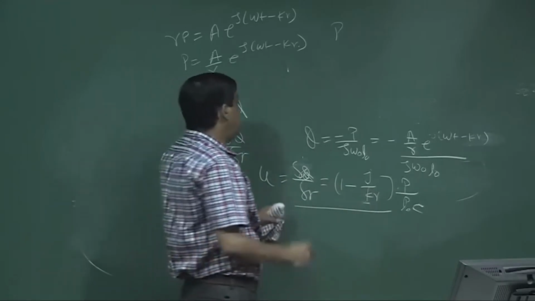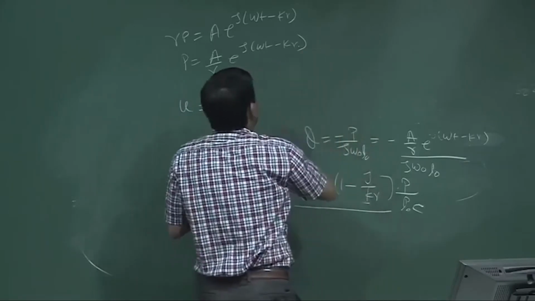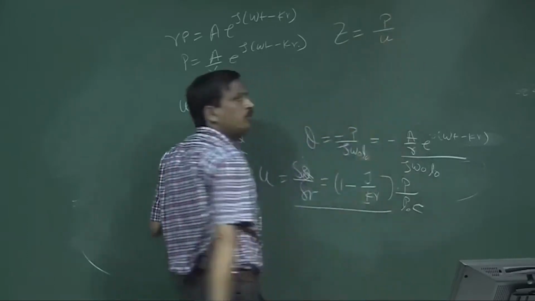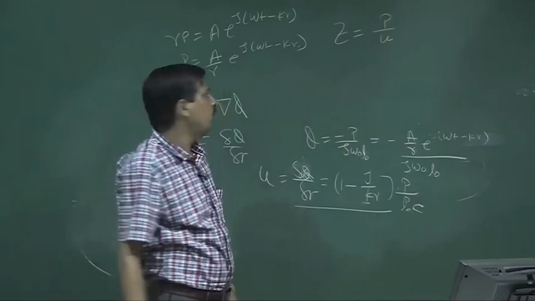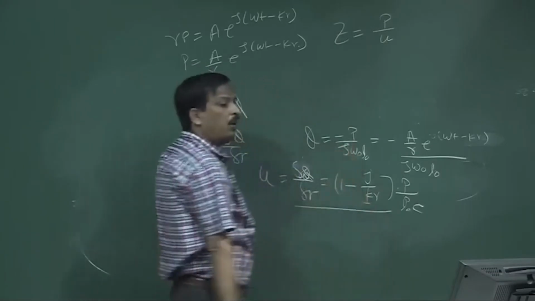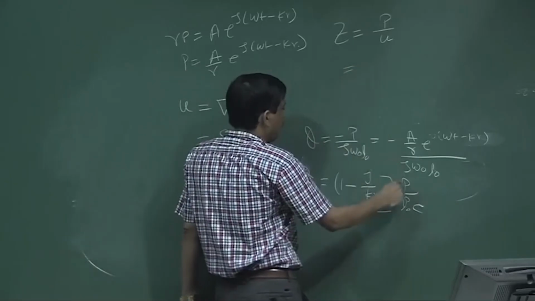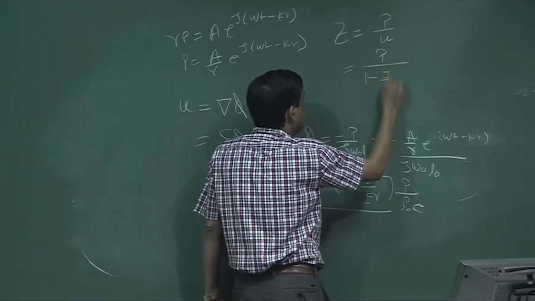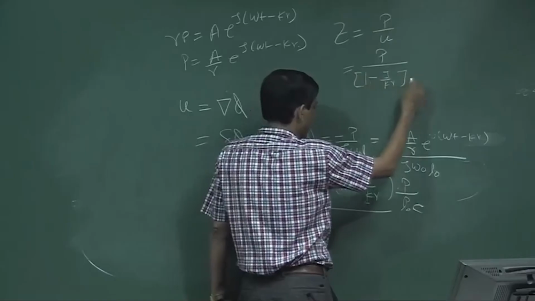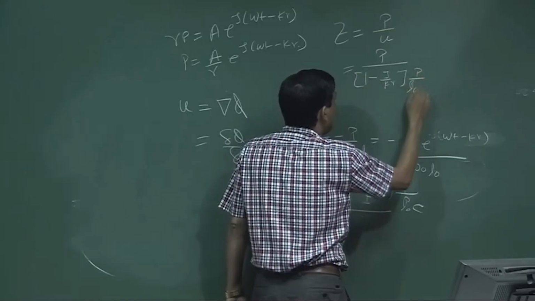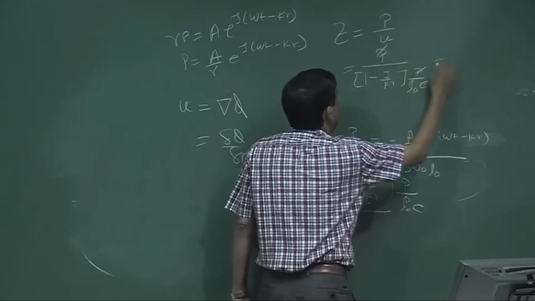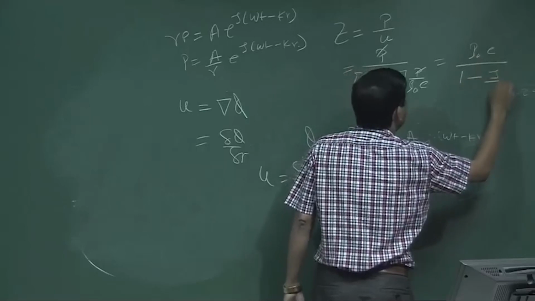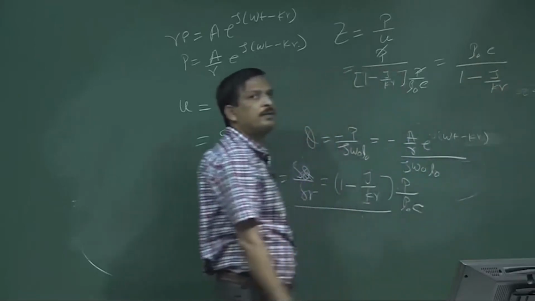If I want to calculate the impedance Z, Z is nothing but p by u. So p will be cancelled, and it is nothing but rho 0 c divided by 1 minus j by k r.